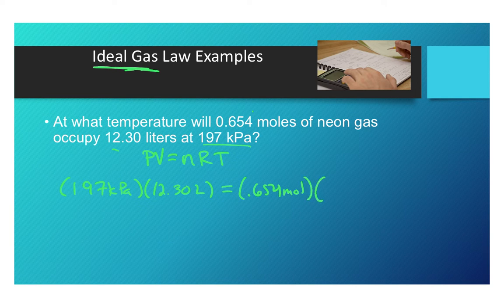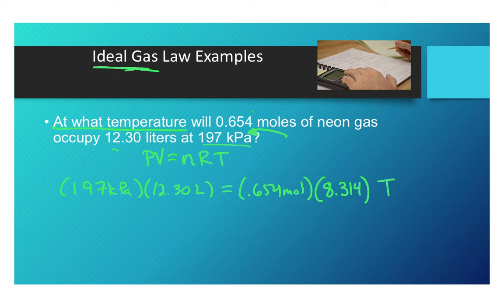Do I know the value of R? I do. In this particular case, our pressure was in kilopascals. So that tells me that I'm supposed to use that number, 8.314, for that constant. And last but not least, we have the temperature. Do we know the temperature? No. That's the question they're asking us.